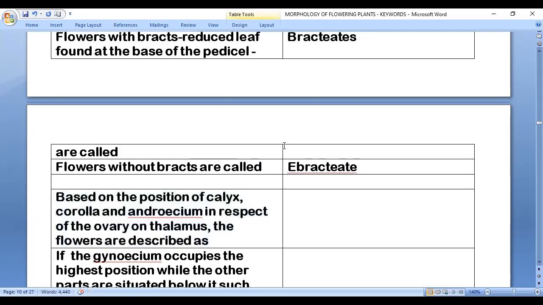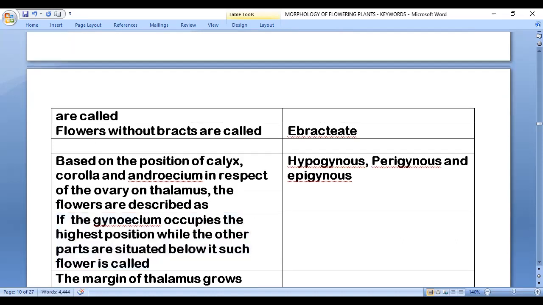Based on the position of calyx, corolla, and androecium in respect of the ovary and thalamus, the flowers are described as hypogynous, perigynous, and epigynous. If the gynoecium occupies the highest position while the other parts are situated below it, the flower is called hypogynous.